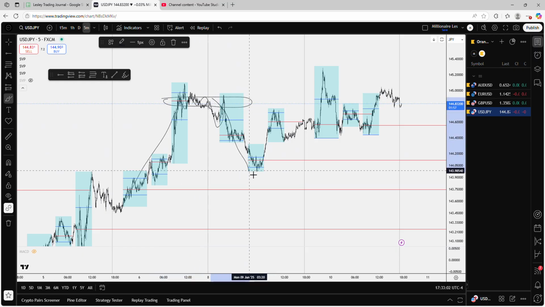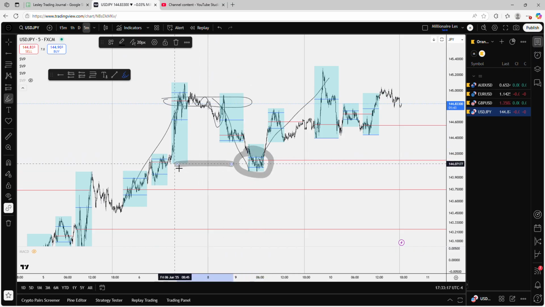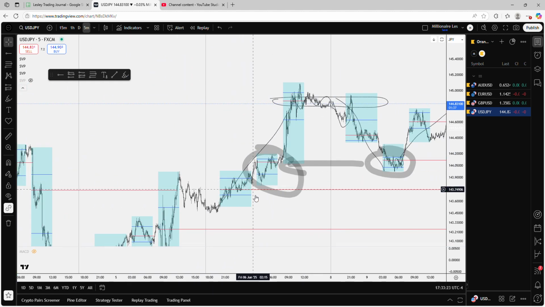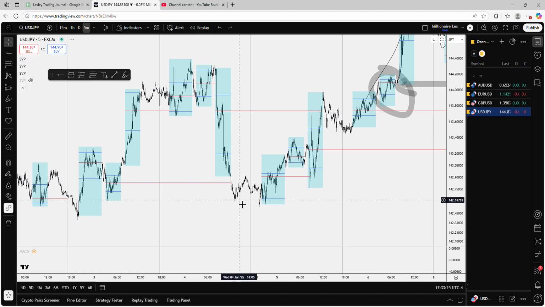Price pulls back, consolidation, boom, continues up, right? Look where price consolidates at, right here. Price consolidates right here. If you look to the left, what is this? A POC. Literally. It happens over and over and over again.